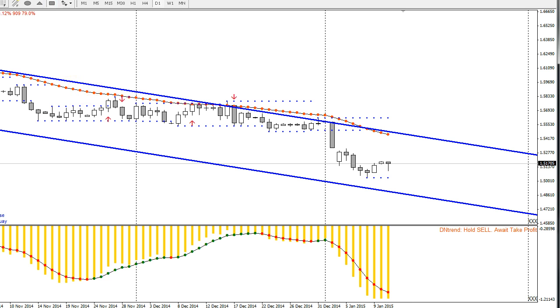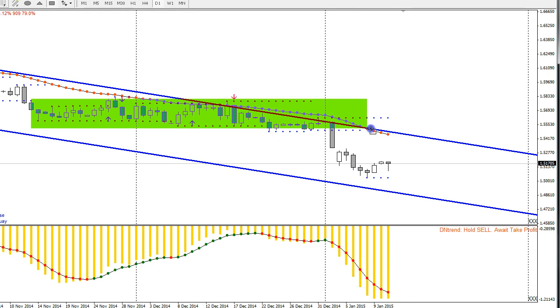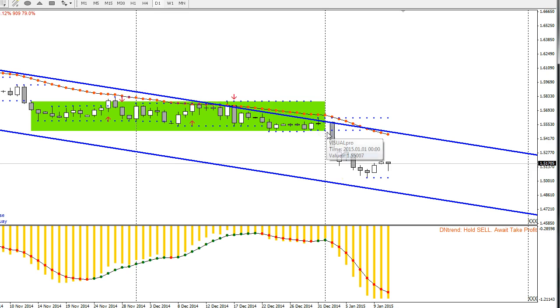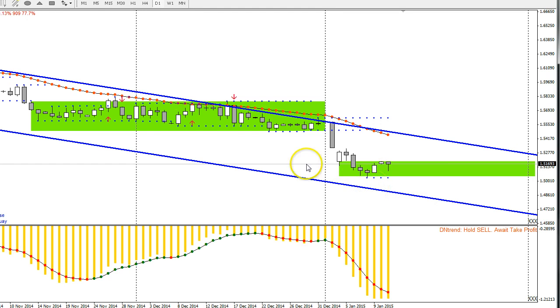One thing to notice, the last time the currency went down, it basically went sideways for quite some time before going down again. So this could happen again also, and go sideways all the way until it gets back to the downtrend channel upper line.